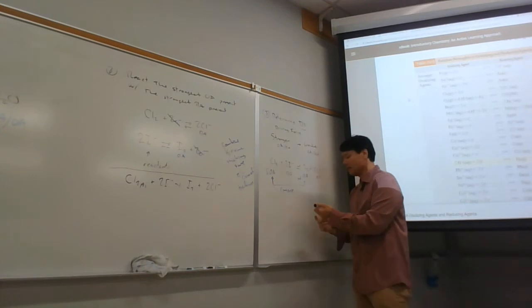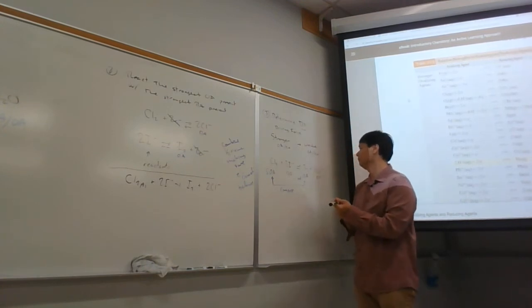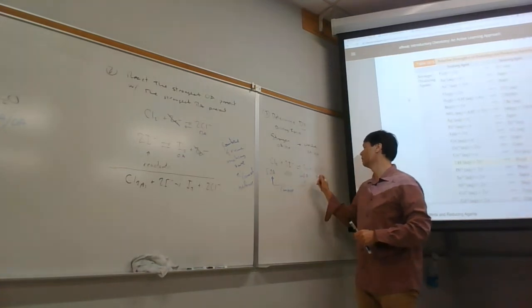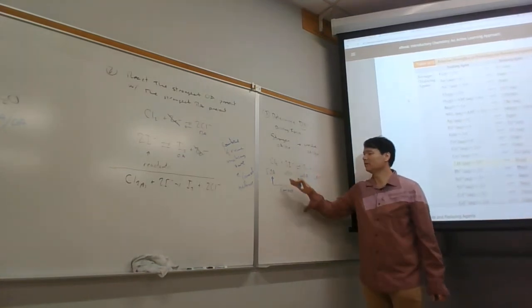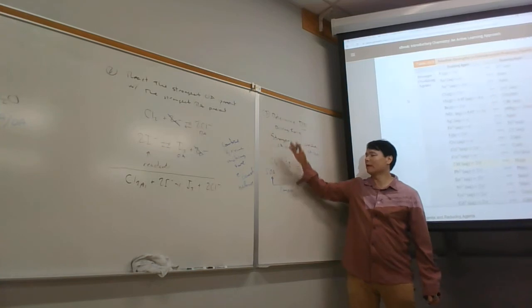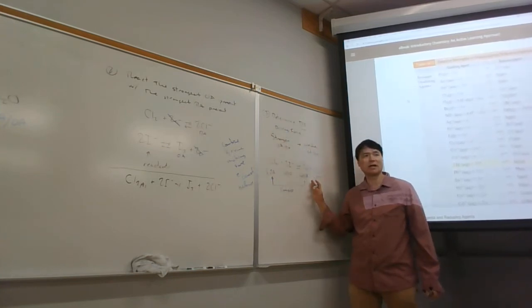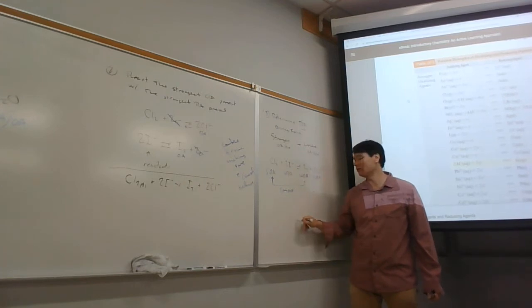So what we say here is that this is stronger, this is weaker. If this is stronger, that means it's more reactive, less stable. That means this is the uphill side, and this is the downhill side. So this is going downhill. This is a driving force.